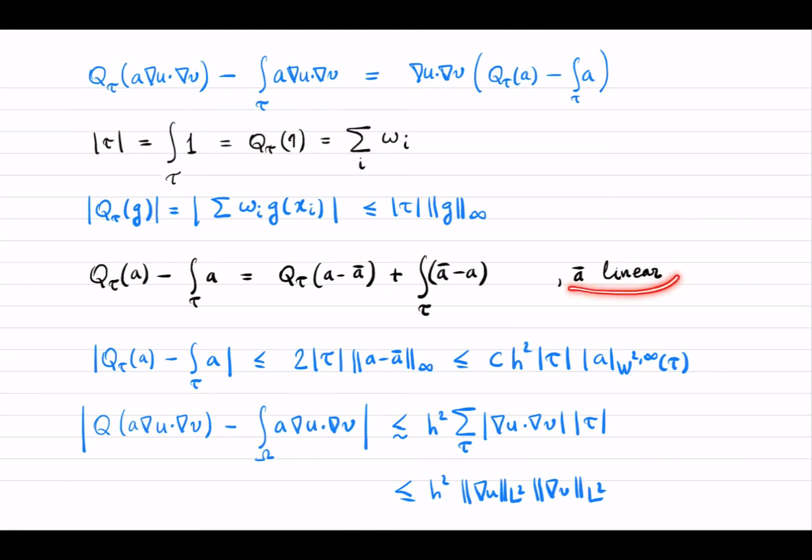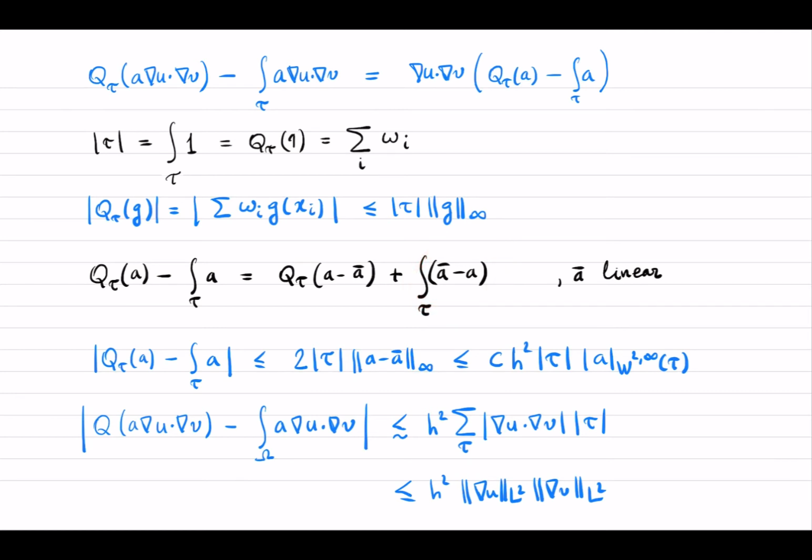We can now introduce any linear function a bar, because Q_tau applied to a bar is equal to the integral of a bar over tau. So this difference will be equal to the quadrature rule applied to the difference plus the integral of the difference.